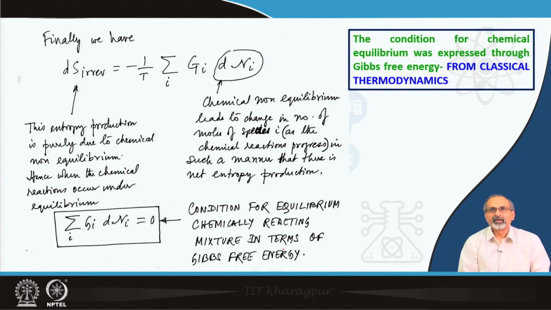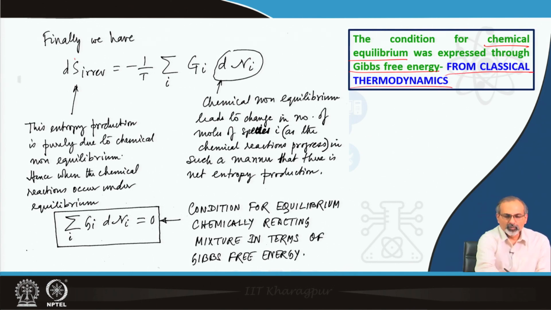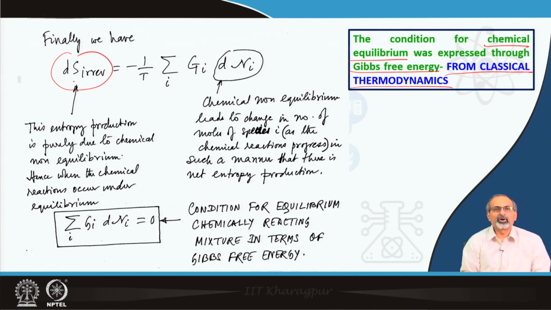The condition for chemical equilibrium was expressed through the Gibbs free energy, and that was from a classical thermodynamics point of view, where we found an expression for the entropy production due to presence of chemical non-equilibrium.